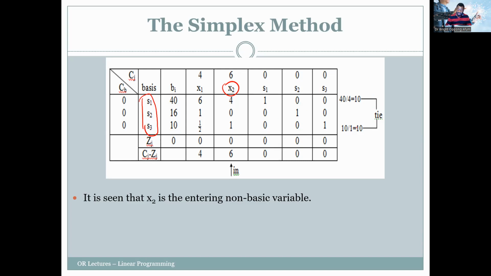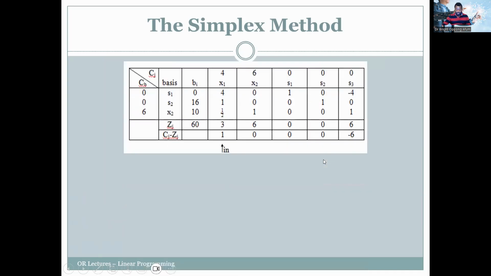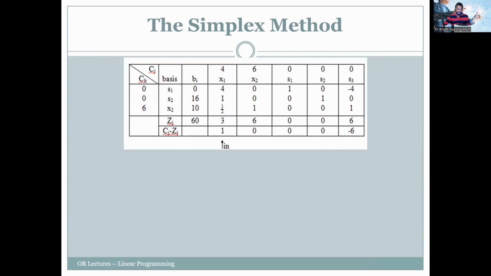You divide 10 divided by 1, you also get 10. So you see that these two rows, S1 and S3, are tied for the leaving basic variable. If S3 is chosen arbitrarily, the following tableau will be seen.